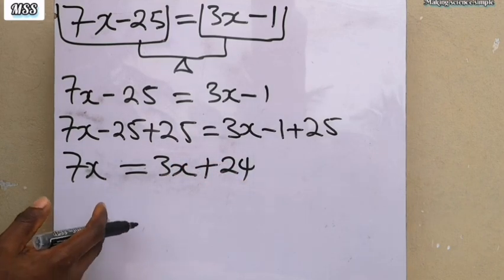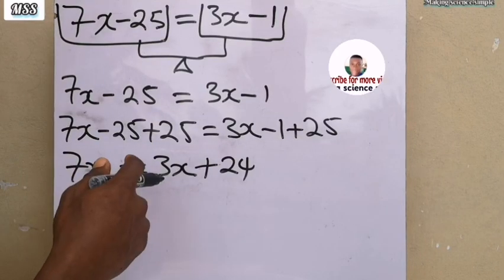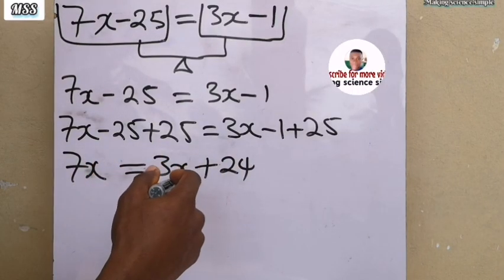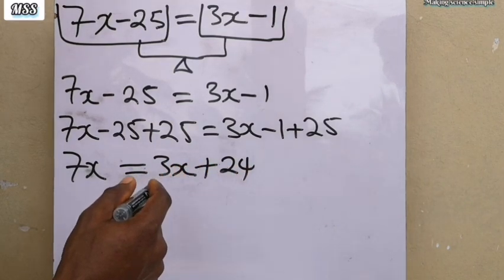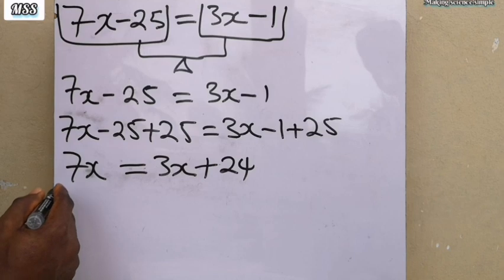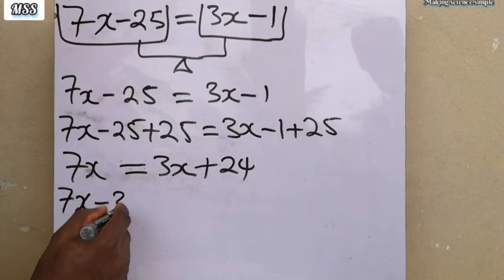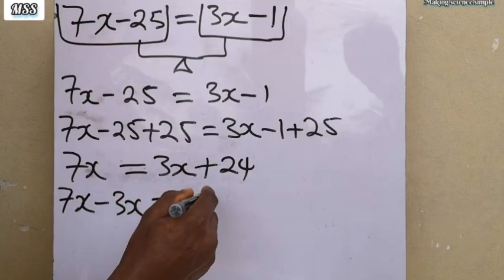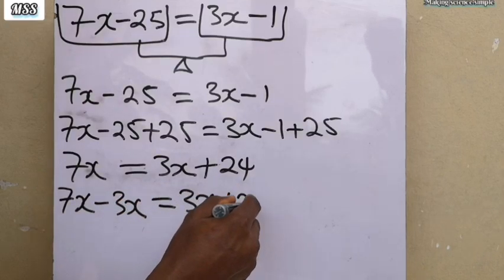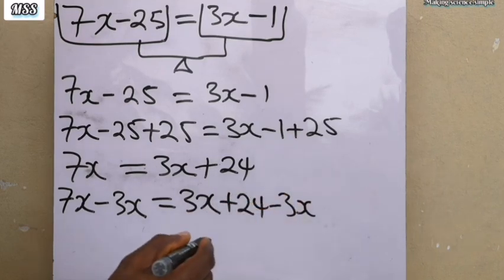Okay, now, since we have the highest value of x this side, it means this is the side of the x we will remove. So we'll remove 3x here and equally remove 3x here. So we are going to have 7x minus 3x is equal to 3x plus 24 minus 3x.